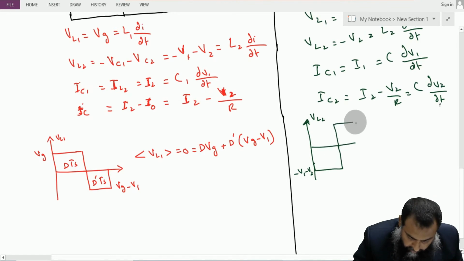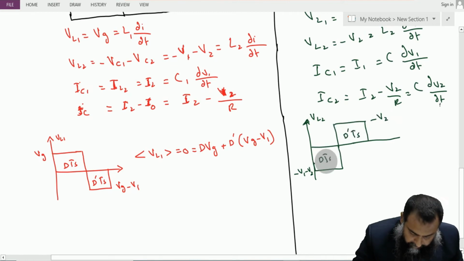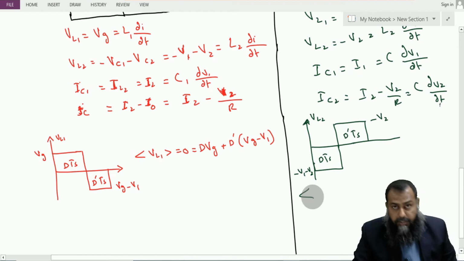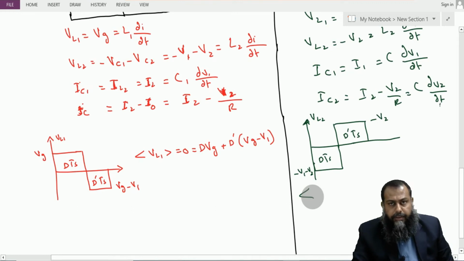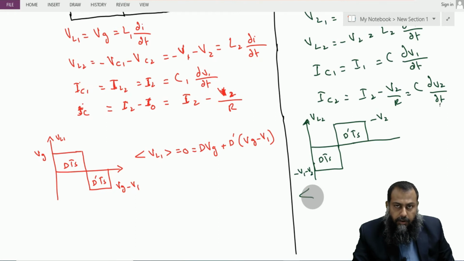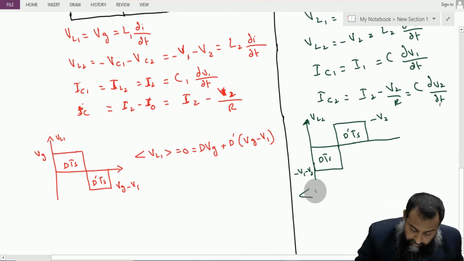Let us take it onto this side and write it as minus V2, and this is D dash Ts, and this is DTs. Also, we should notice that for a steady state condition, the inductor volt-second balance should be fully accomplished, and therefore the average voltage across this inductor VL2 should be equal to 0.